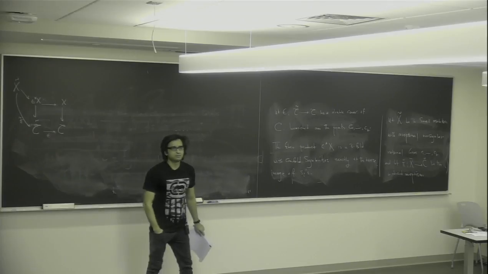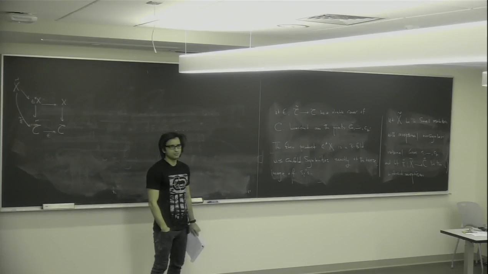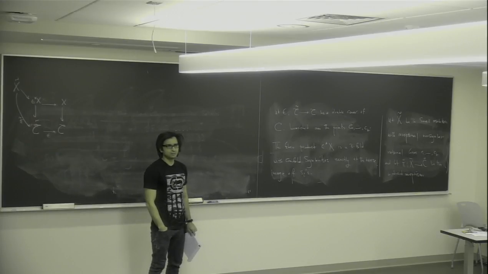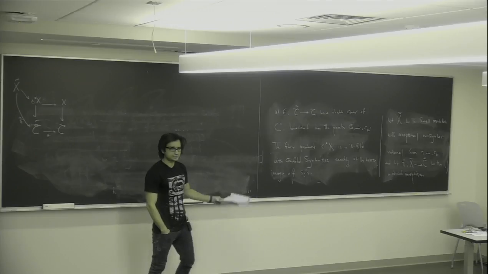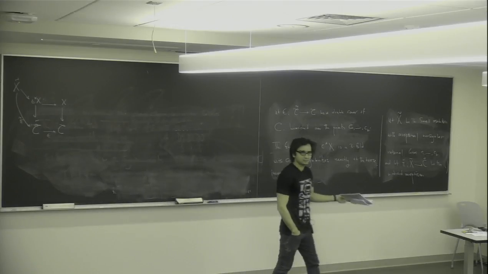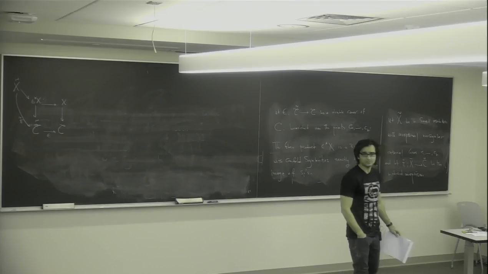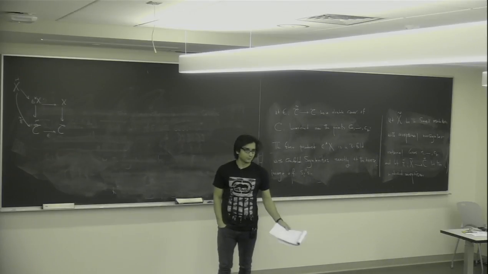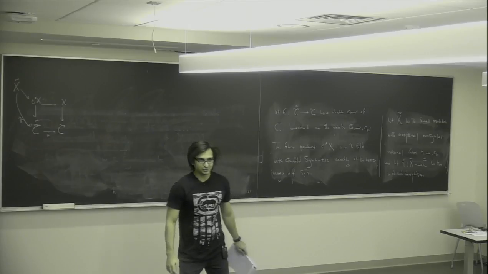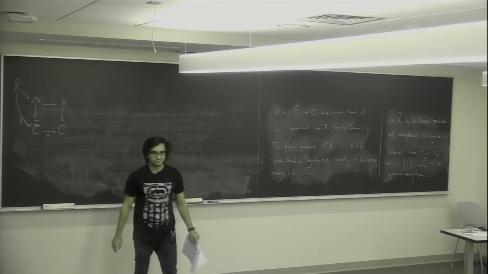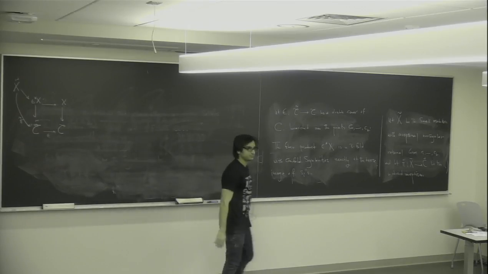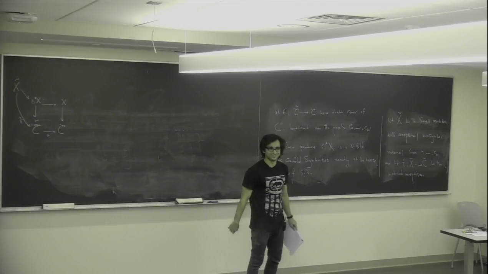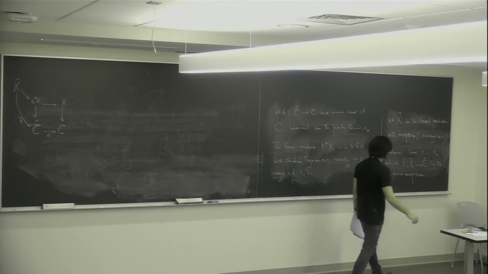Song was here before you came, and he is now at Brown. You do symplectic geometry. It's possible. This is a very classical method of resolving such singularities, and it was also used in geometric engineering and so on. It has been used for 40 or 50 years, so it's not some new thing.